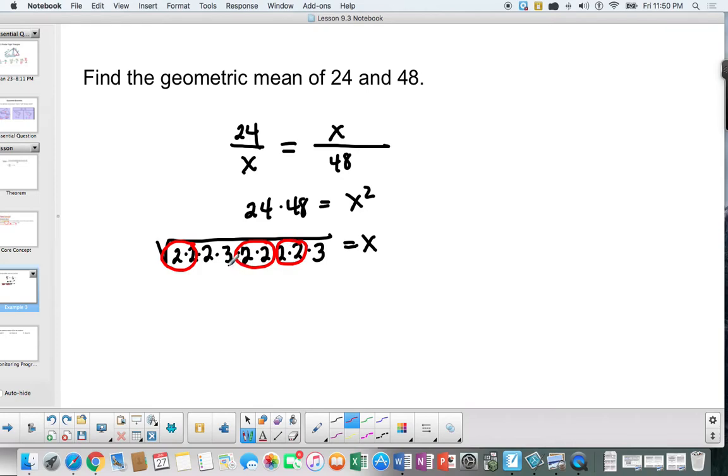And then we have a pair here. So I'm going to have a 2 times 2 times 2 times 3, and then I'll have one factor of 2 there. So this is 8 times 3, or 24 root 2, and that's the simplified version of that square root.